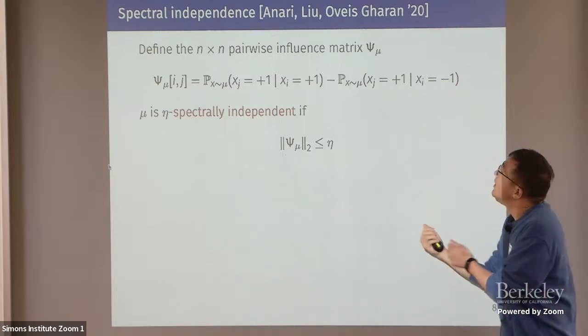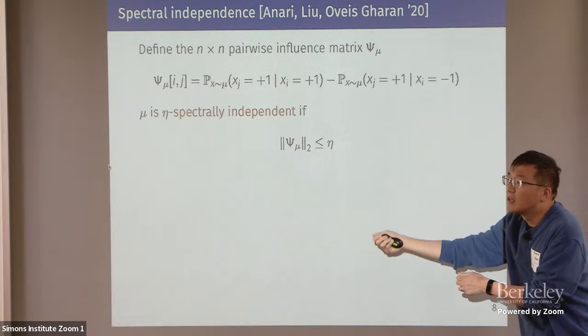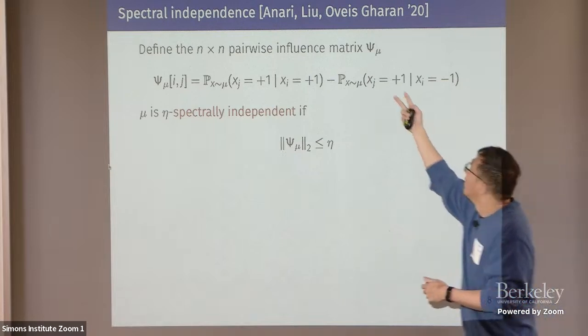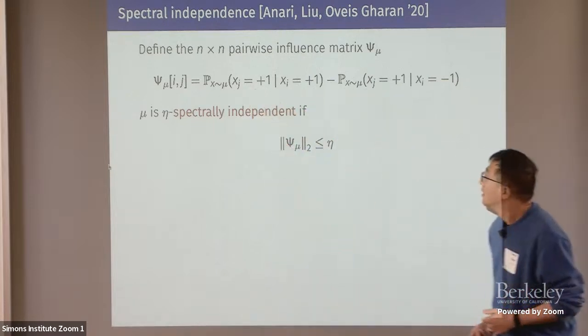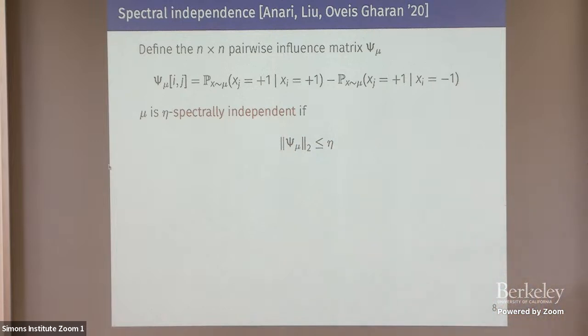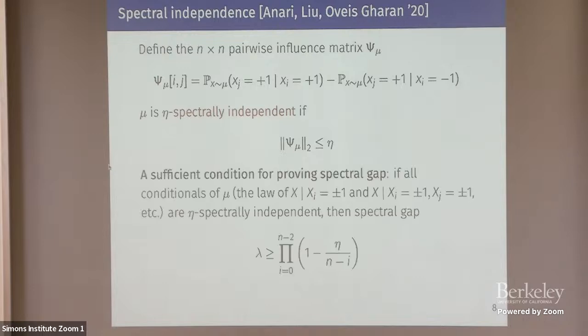So it's analyzing the influence of including the i-th coordinate on the probability of the j-th coordinate. You form this matrix and compute its operator norm, and this is spectral independence.